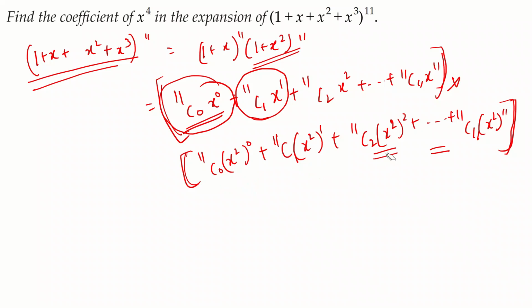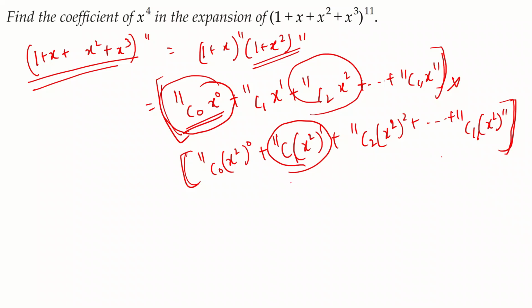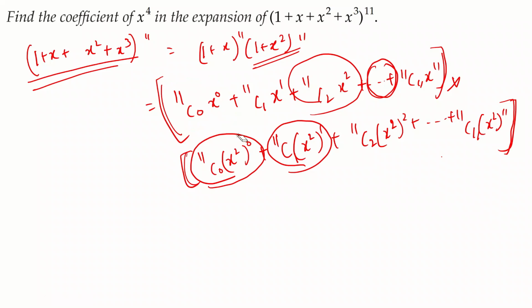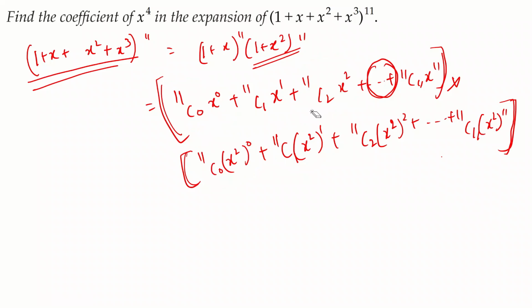We will never be having an odd power in here, so we don't have to bother about this term. Okay, then x square when multiplied to this term will give x to the power of 4, and then somewhere we'll be having x to the power of 4 over here, which will be multiplied to this constant, which will give us x to the power of 4. So this is the technique that you will have to apply.